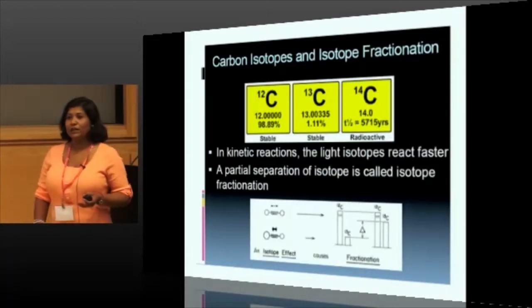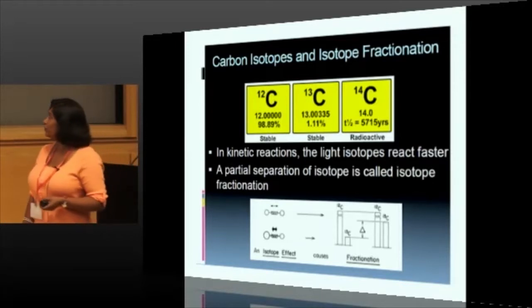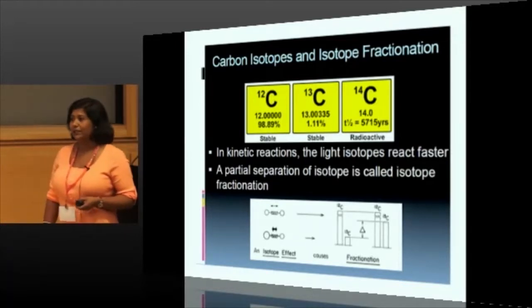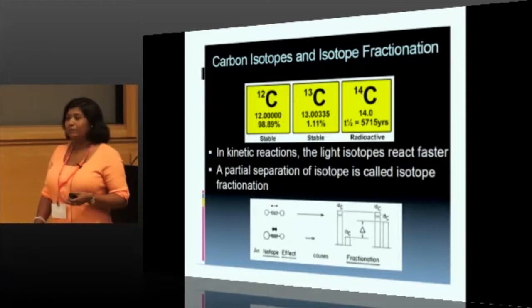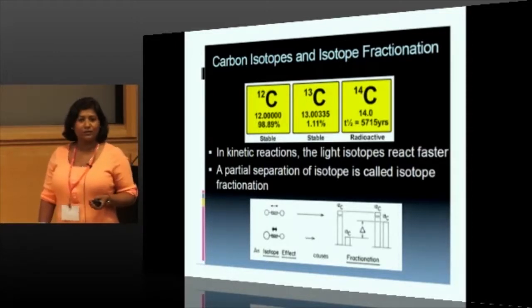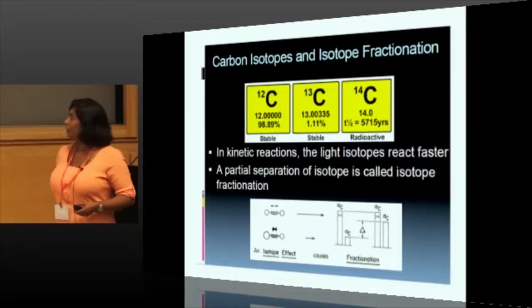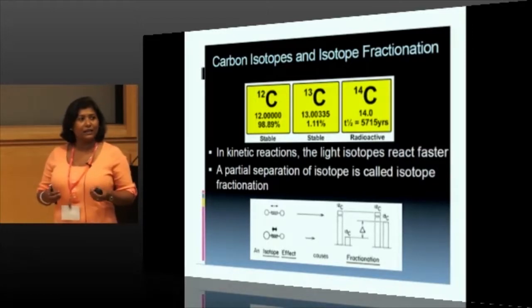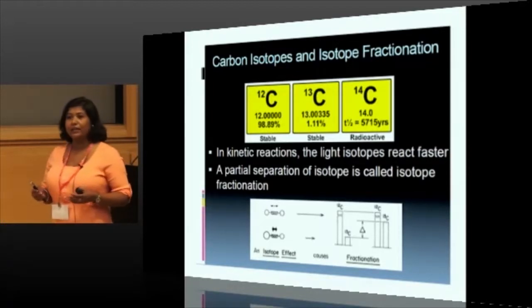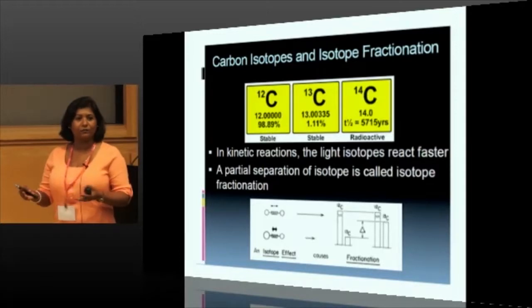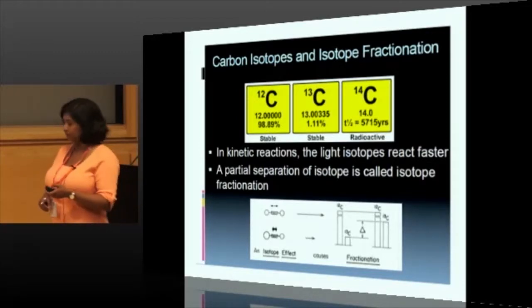As we know, there are three naturally occurring isotopes of carbon: carbon-12, carbon-13 and carbon-14. Carbon-12 and carbon-13 are stable isotopes of carbon, while carbon-14 is radioactive. Due to the difference in their mass, they have slightly different physical and chemical properties. The lighter isotope moves faster and reacts faster, which causes slight separation of isotopes, and this separation is called isotope fractionation.